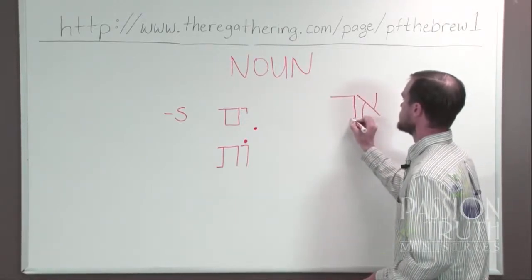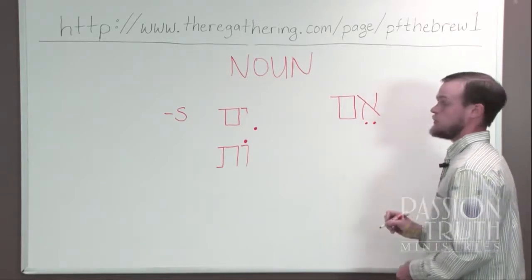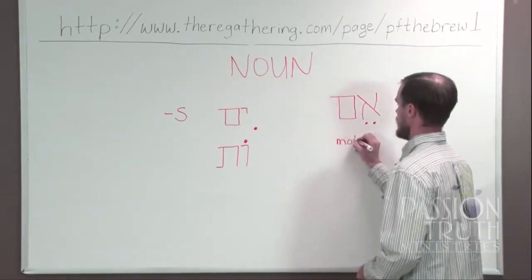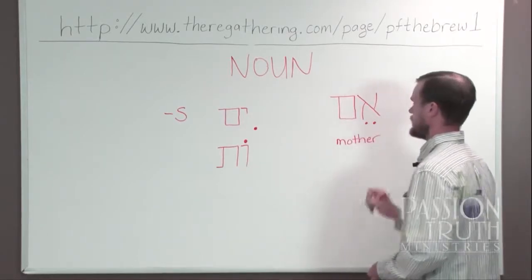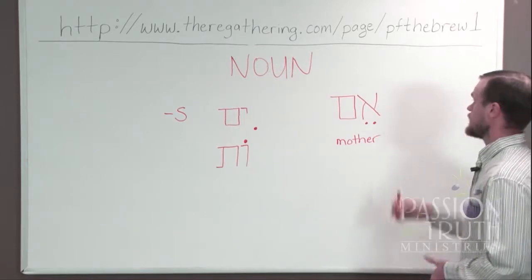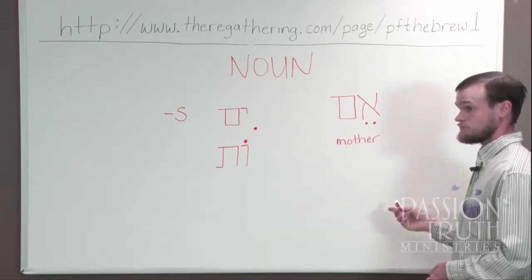So, for a feminine noun, aleph, final mem, with the tzere under the aleph, pronounced em. Okay, this means mother. Em is mother. Okay, em is a feminine noun, and it is singular.